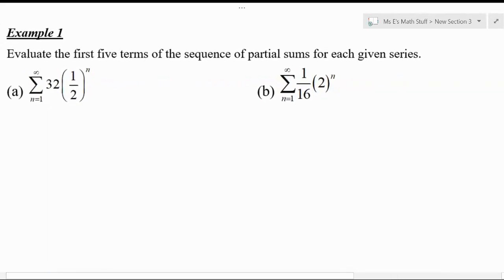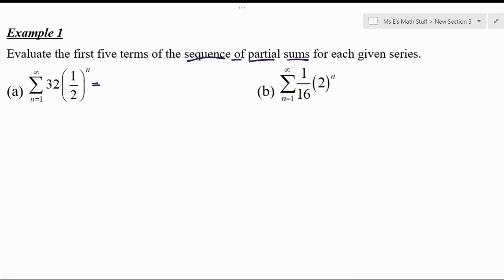So example 1 says, evaluate the first 5 terms of the sequence, but not just the sequence of partial sums. And so let me give you an idea as to how to get started on this one, and then I'll butt out and let you finish it. So for a problem like this, if in doubt, expand it out is always going to be an important part of your solution. So for part A, you could start generating the terms.